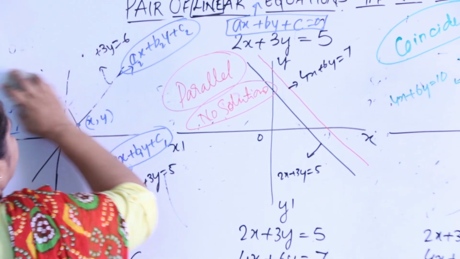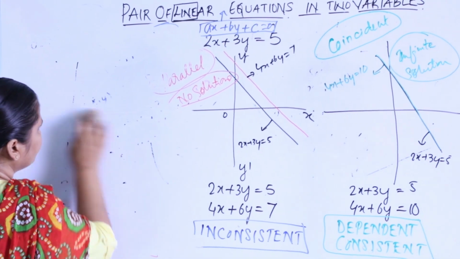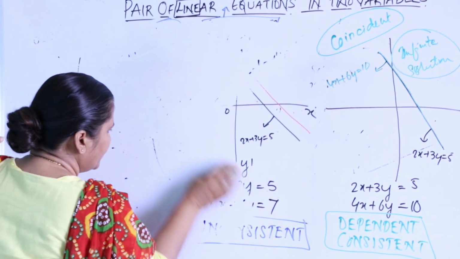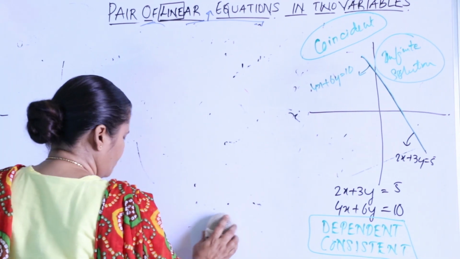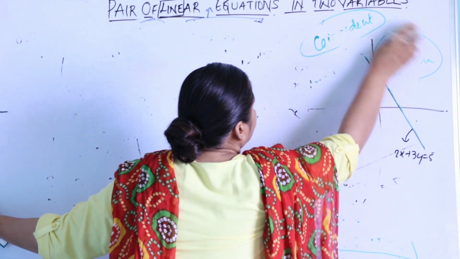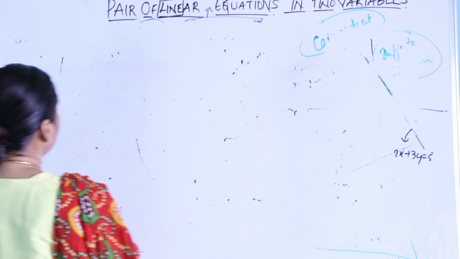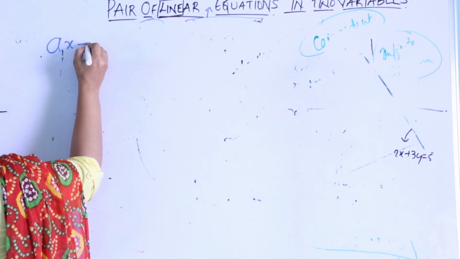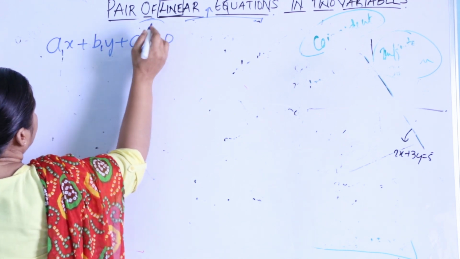We will discuss the standard form now. The first equation we consider is a1x plus b1y plus c1. And what about the second equation? It is a2x plus b2y plus c2. a1x plus b1y plus c1 equals 0.